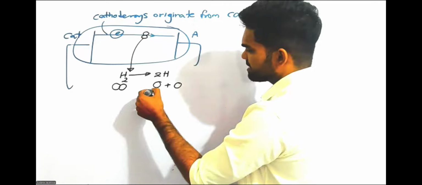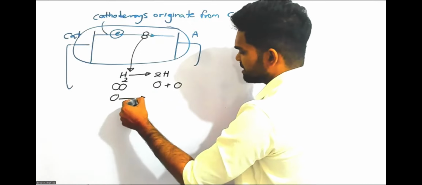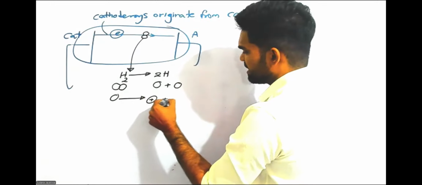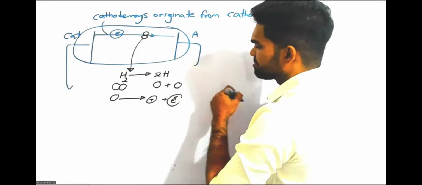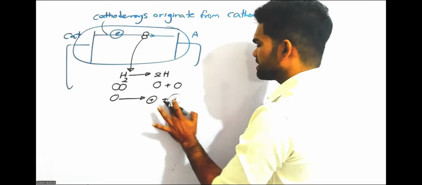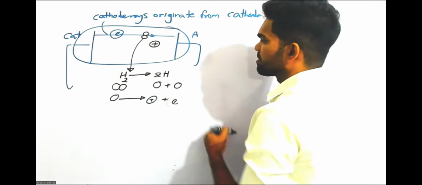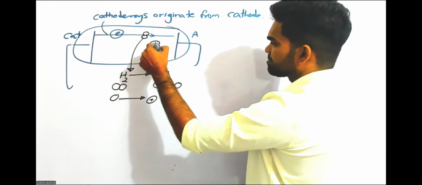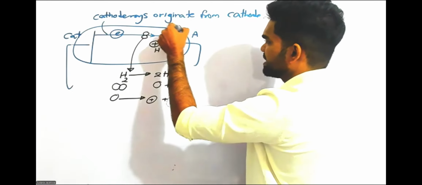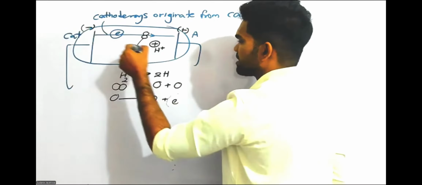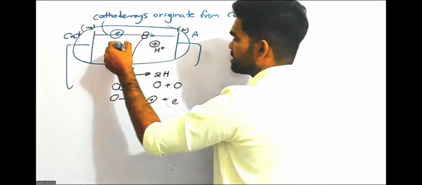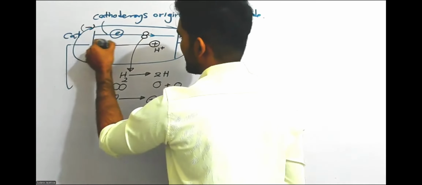After further collisions, an atom will create an ion and an electron will be released. The electron will move towards the anode as usual, and a positive H+ ion is created. This is the positive plate and this is your negative plate, so that positive H+ will move towards the negative cathode.